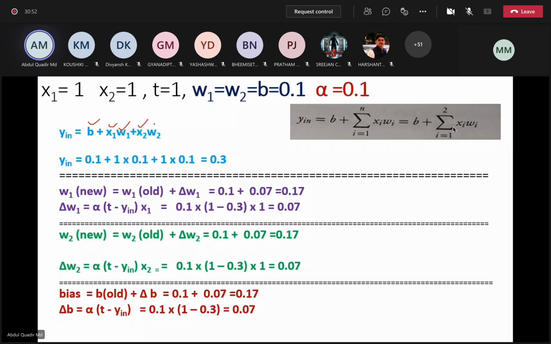Now, what did we do in the perceptron? We passed this into the activation function. If it is above the threshold, it gives 1; if it is less than the threshold, it gives 0.